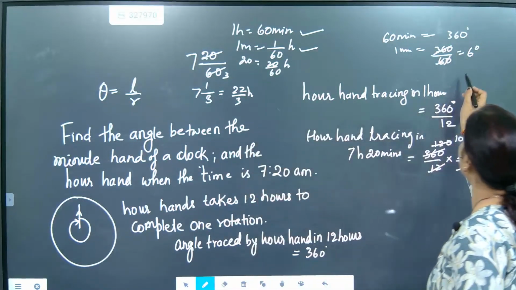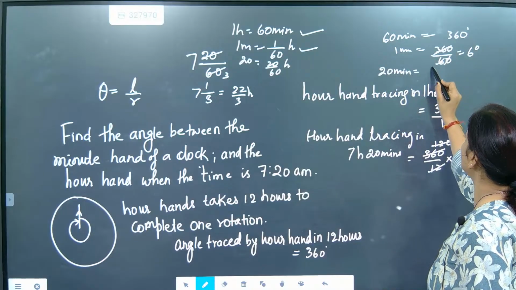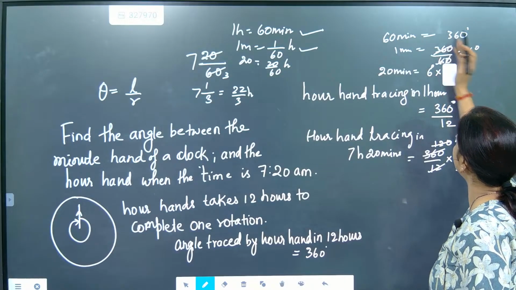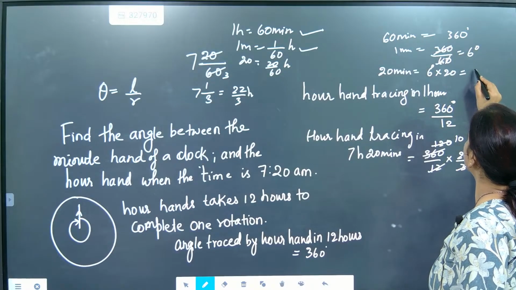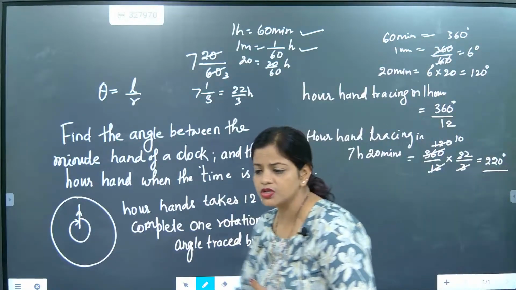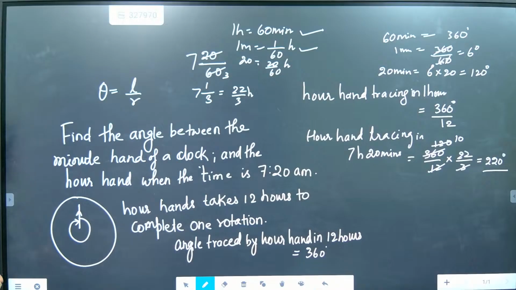Now here, how much will it subtend in 20 minutes? In 20 minutes, it will become 6 degrees into 20, so it will become a total of 120 degrees. Understood? Because the question was, what is the angle subtended between the hour hand and the minute hand?